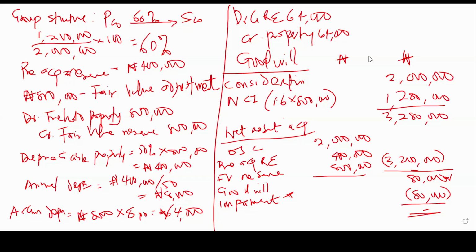Now, if the policy to measure NCI was proportionate share of the identifiable net assets of the subsidiary, then NCI would have no business sharing in this impairment, all right? But we have said it before, whenever the policy is full fair value, then it means that NCI also owns part of the goodwill. So therefore, if there's any impairment of goodwill, both NCI and the parent will suffer that impairment. All right, is that clear, everybody?